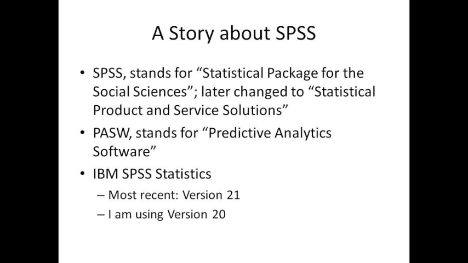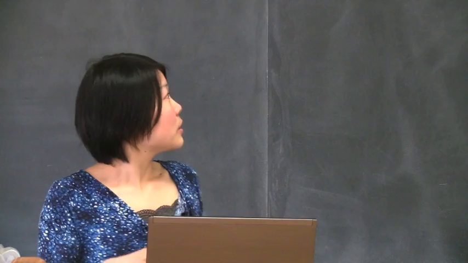But most people will just use SPSS instead of the full name IBM SPSS Statistics, just for the purpose of being easier and consistent with the earlier versions. The most recent version of SPSS is version 21, and I'm currently using version 20 because that's the version that is available to faculty and students on campus.